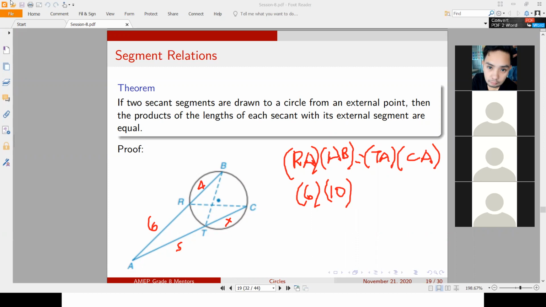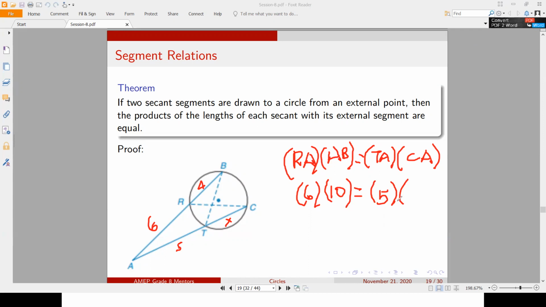Ngayon, sa kabila, ano ang measurement ni TA? 5. That will be 5. Anong measurement ni AC? 5x po, sir. 5x?